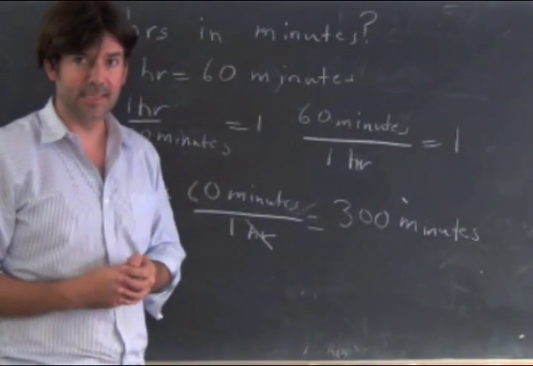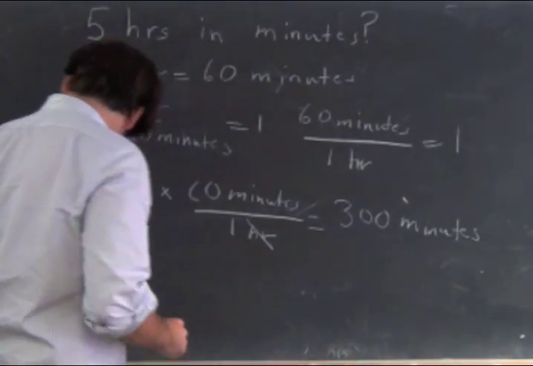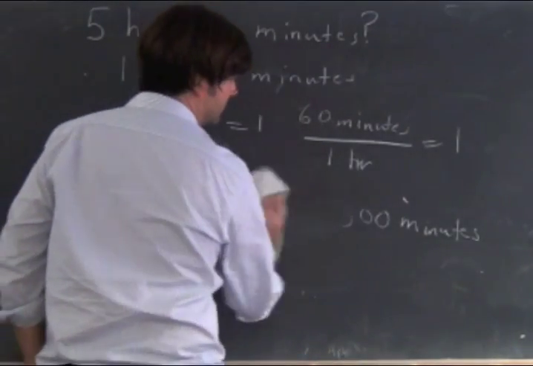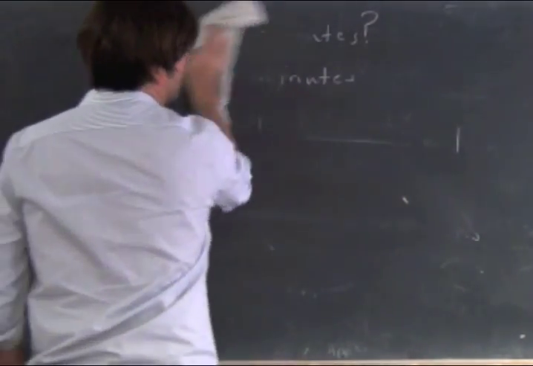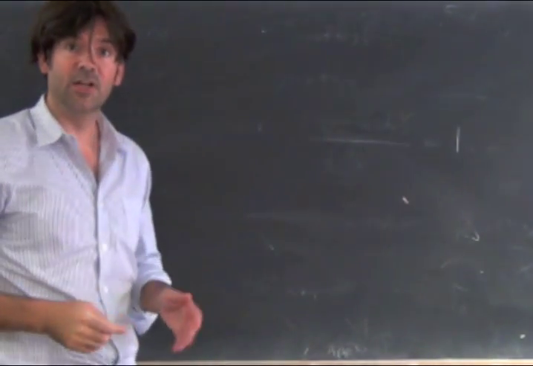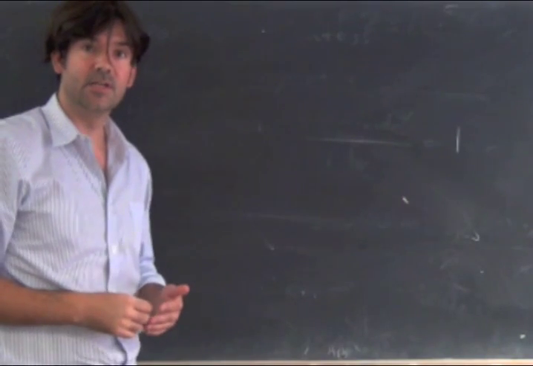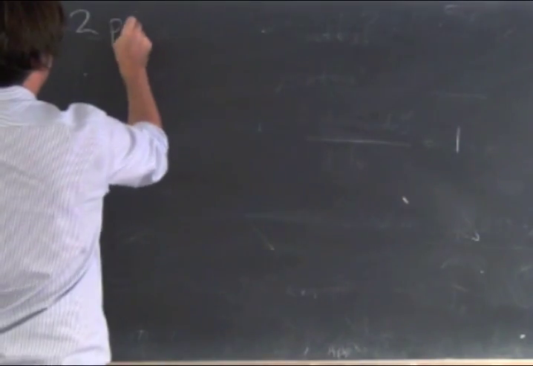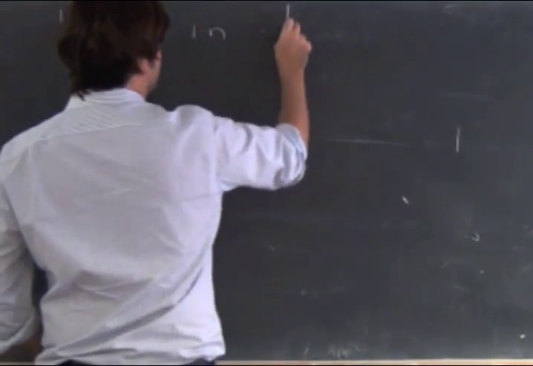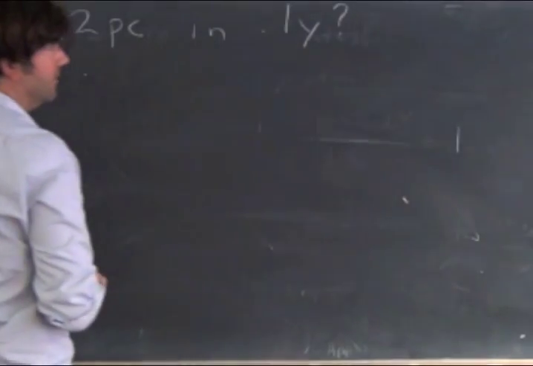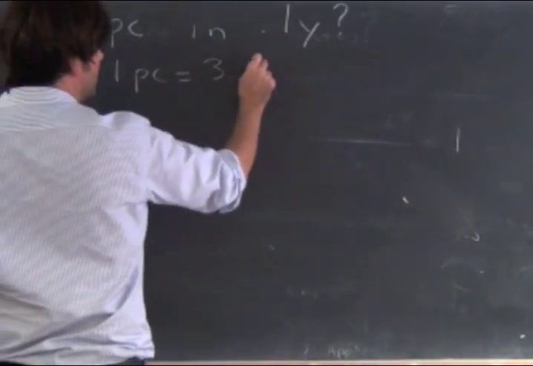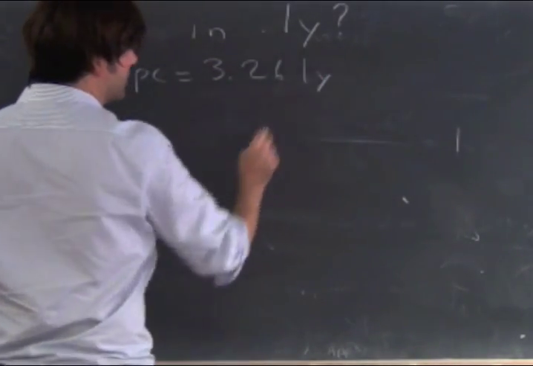Okay, let's go on to a slightly more complicated example. Let's suppose we want to know how far in light years is 12 parsecs. Well, we know that 1 parsec is equal to 3.26 light years.